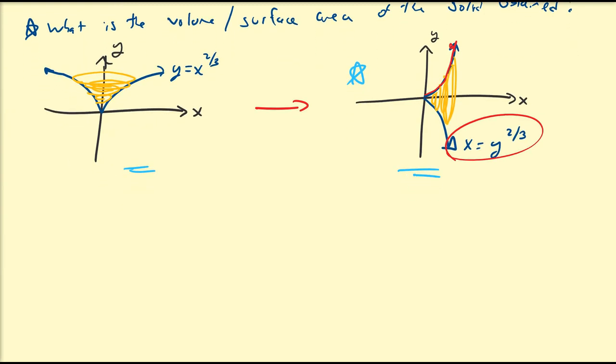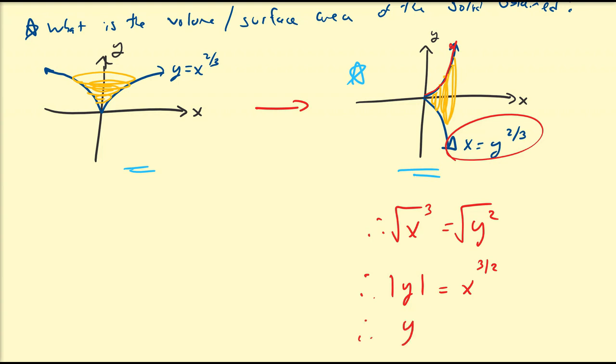If I solve this equation for y, what can I do? I can cube both sides of this equation. That means x cubed is going to be equal to y squared. Then I can take the square root of both sides, so I get that the absolute value of y is equal to x to the 3/2, which means y is either equal to the positive version or the negative version.